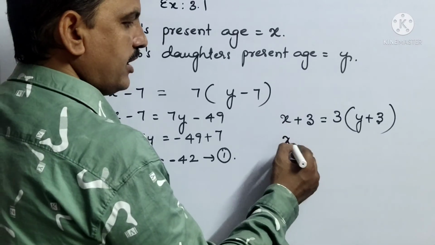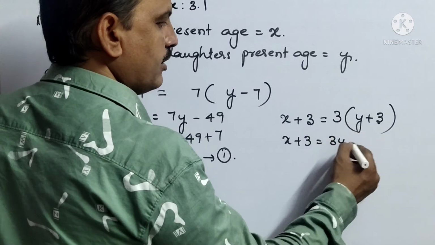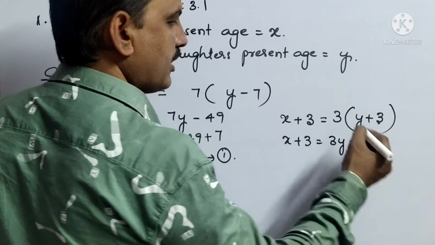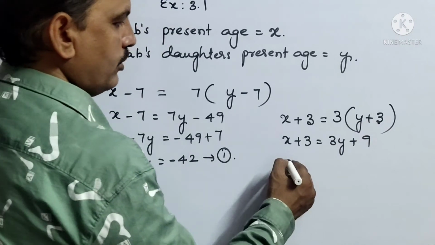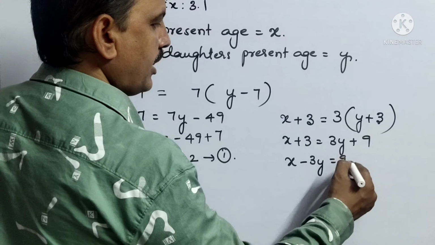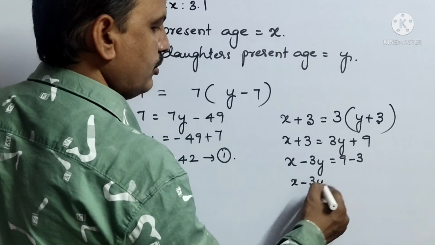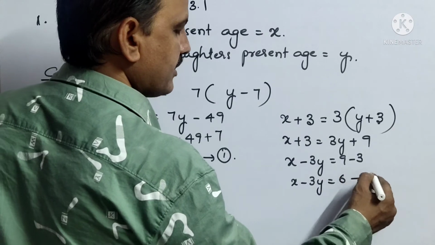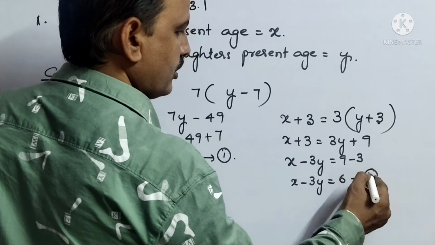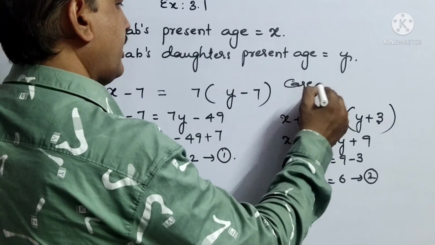So x plus 3 equals 3 into y plus 3, that is 3y plus 9. So x minus 3y equals 9 minus 3, which is 6. That is equation 2, called case 2.